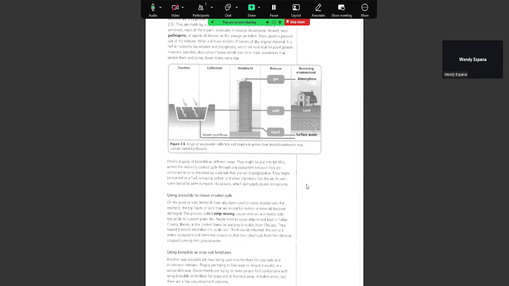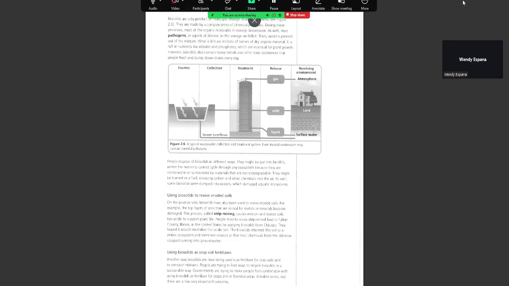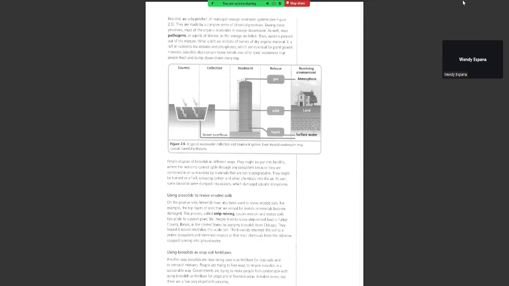We're going to go over to page 33 and you can see there that they're part of municipal sewage treatment plants. So remember we talked about how sewage is sent to the sewage treatment plant. It's processed through chemicals. You'll see there on page 33, figure 2.6 shows all of the waste being collected.